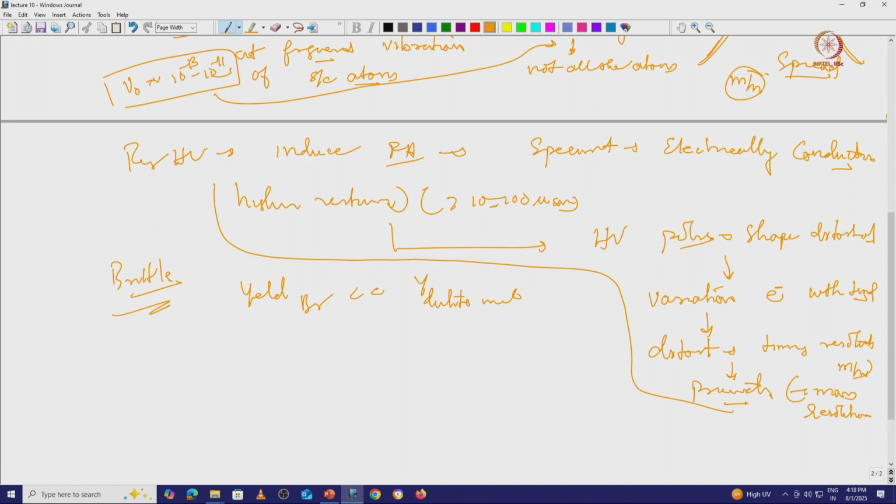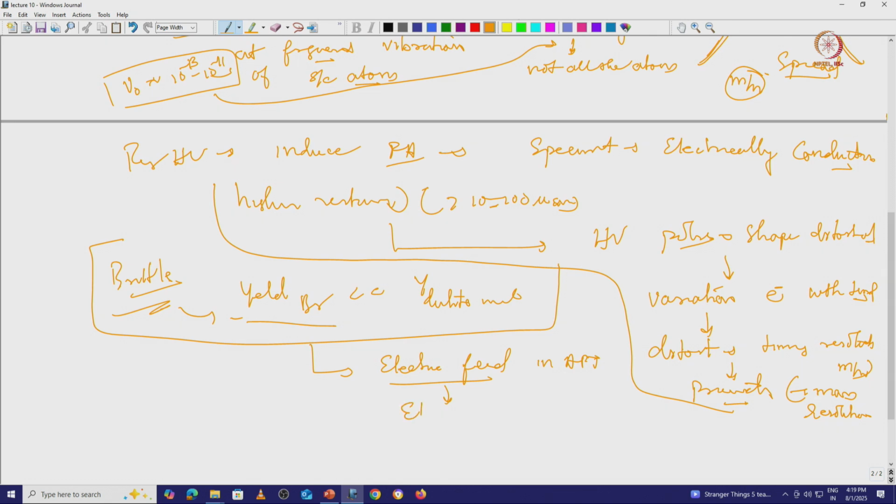So HV pulsing for brittle materials, even though they are conductive, has a yield much smaller than for ductile materials. This is directly related to the electric field. Why? Because the electric field in APT generates an equivalent pressure, which is called electrostatic pressure.